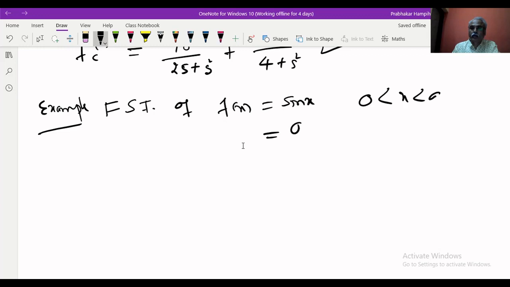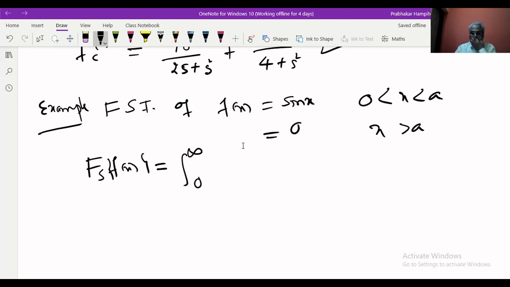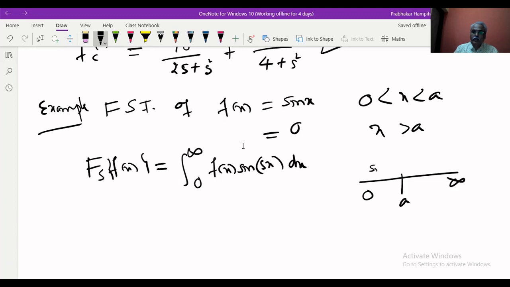Sin x is between 0 to a, and 0 is for x greater than a. So now the Fourier sine transform of any function is 0 to infinity f of x into sine of sx dx. But you have to break this whole part into 0 to a and a to infinity. 0 to a it is sin x, and a to infinity it is 0.